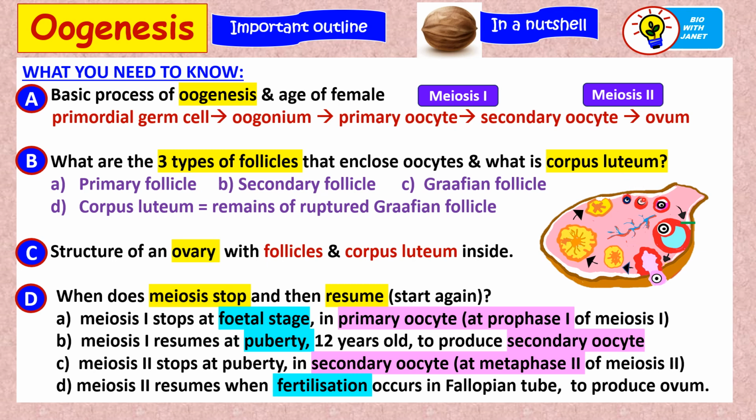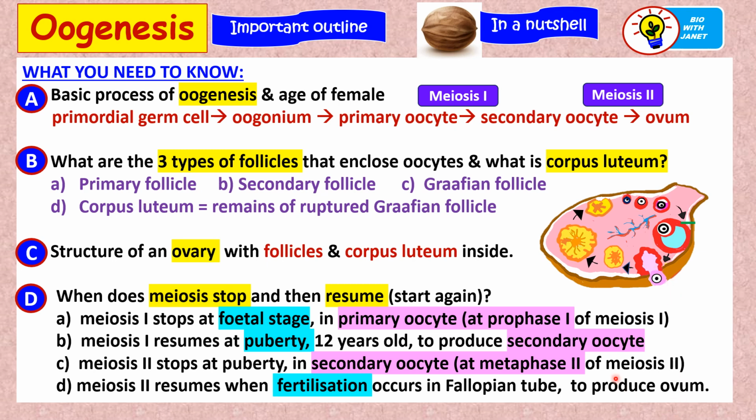Then the secondary oocyte will begin meiosis 2. It continues with meiosis 2, but again it stops at the stage of metaphase 2 of meiosis 2. Then after that, the secondary oocyte is released from the ovary, from the Graafian follicle in the ovary.